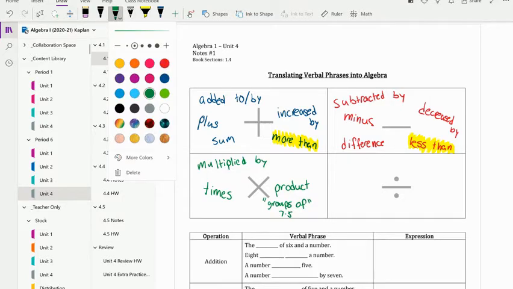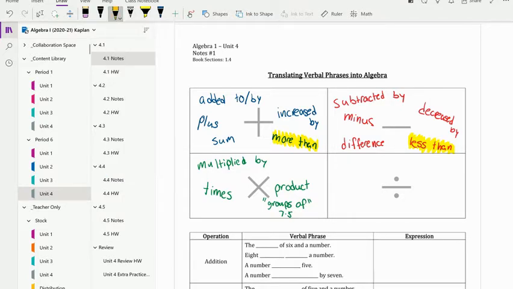And last but not least, we have division. We'll do a nice shade of orange for division. We've got the obvious one, divided by, right? And then the other one, similar to sum, difference, or product, is quotient, the answer to a division problem.